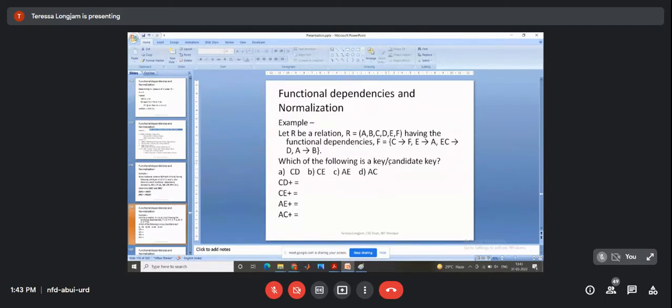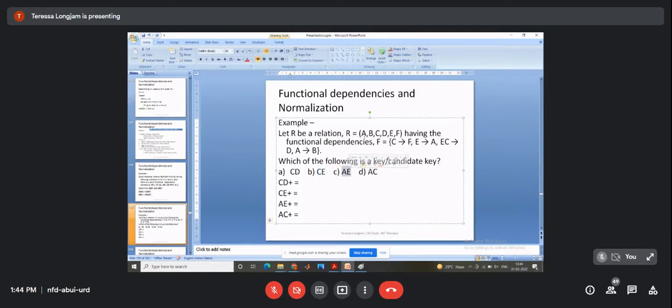So same thing. From those two concepts, if the closure of CD contains all the attributes, then CD is the candidate key. If closure of CE contains all the attributes, then CE is a candidate key.